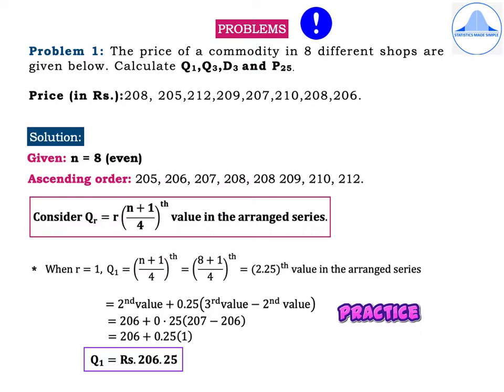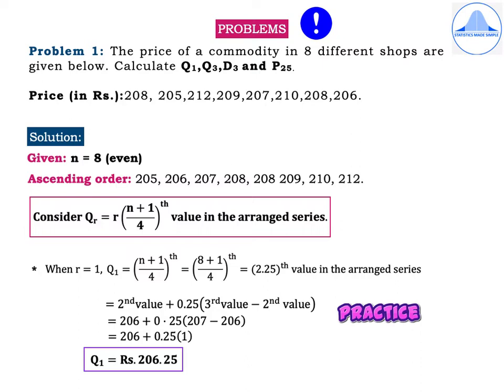Now 2.25 is a number which lies between 2 and 3, and 2.25 can be got as 2 plus 0.25. Now observe the following steps very carefully. So 2.25th value in the arranged series is written as, now consider only the integer part of 2.25, which is equal to second value.